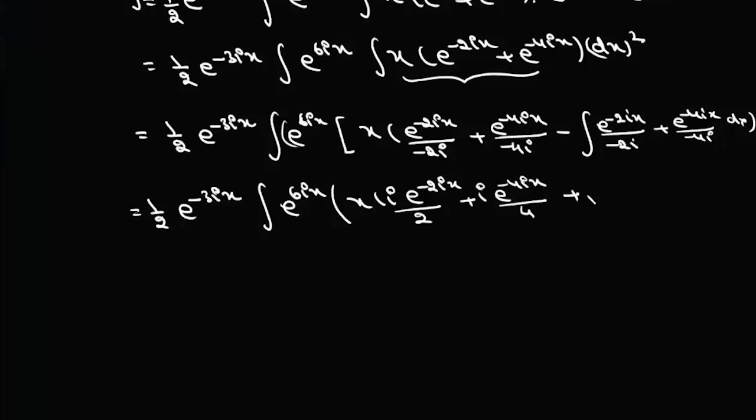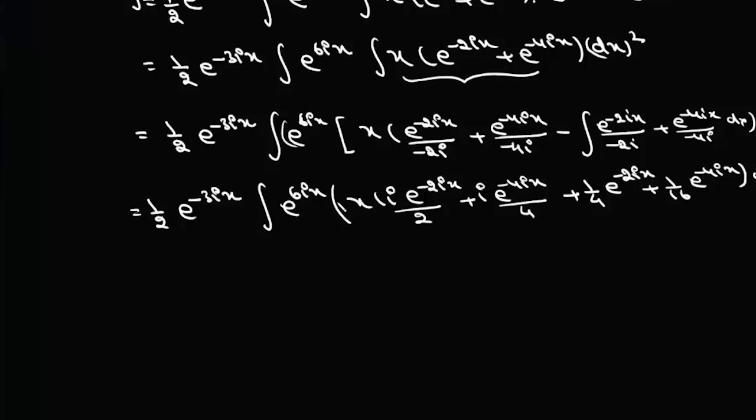So there will be plus 1 by 4 e to the power minus 2ix, and here will be plus 1 by 16 e to the power minus 4ix into dx.